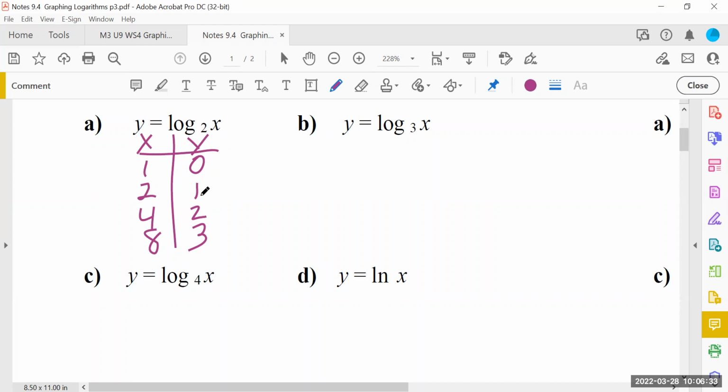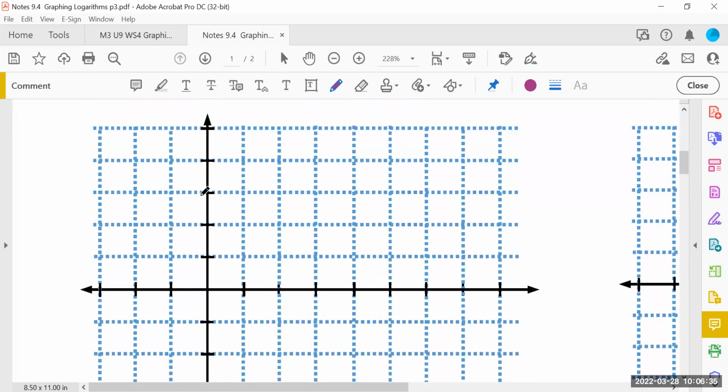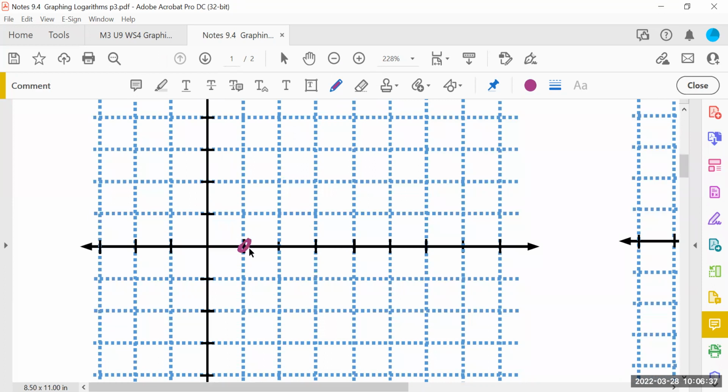So now if I graph those: 1, 0; 2, 1; 4, 2; 8, 3. Now, what about the rest of the graph? Some key things to remember.